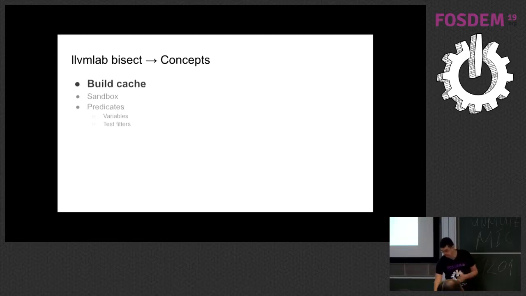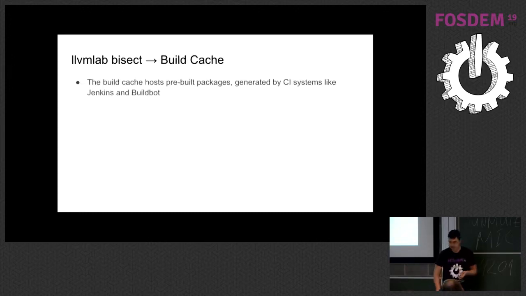A few concepts that are involved. The first one, and one of the most important for the sake of llvmlab bisect, and the main argument for using it, is saving time. The build cache is a cache full of pre-built packages with the toolchain.